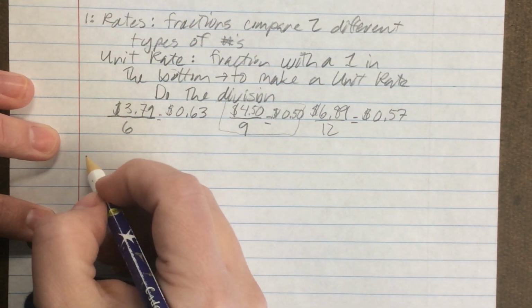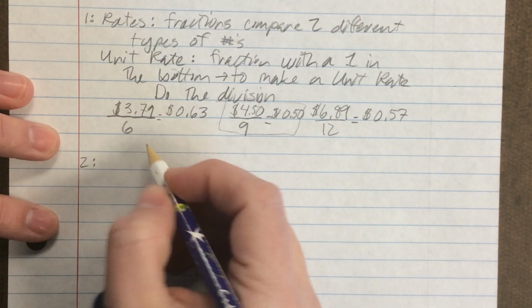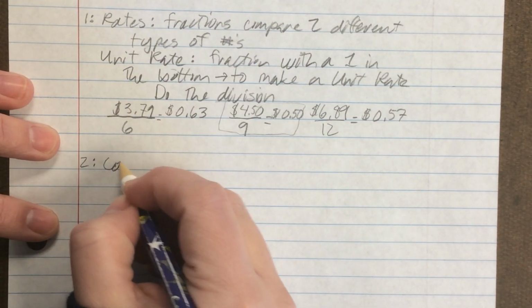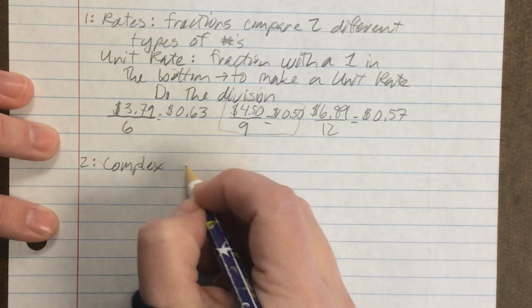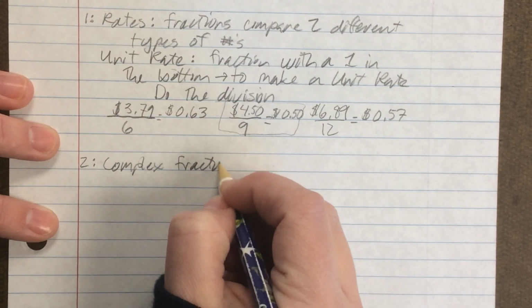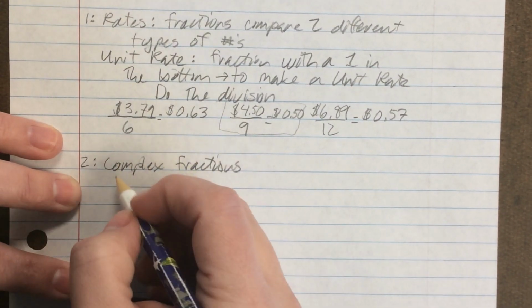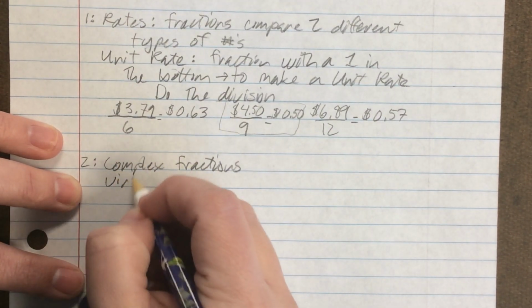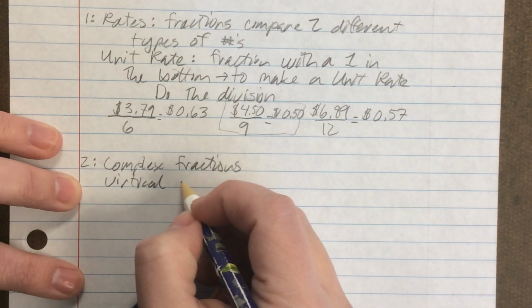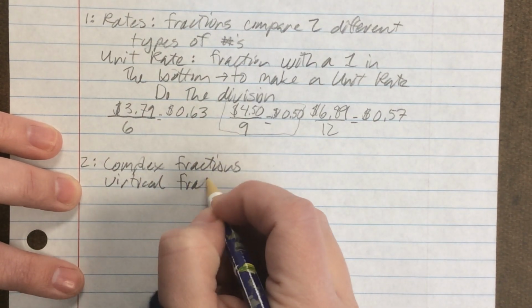Whew. Section 2. This was complex fractions. And this was just reminding us that complex fractions are vertical fraction division.